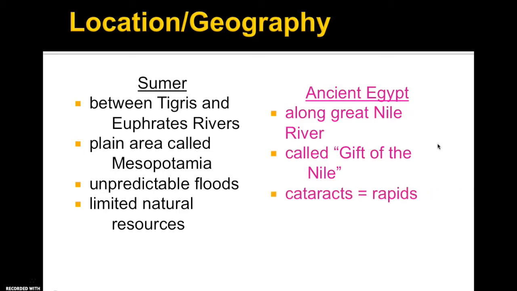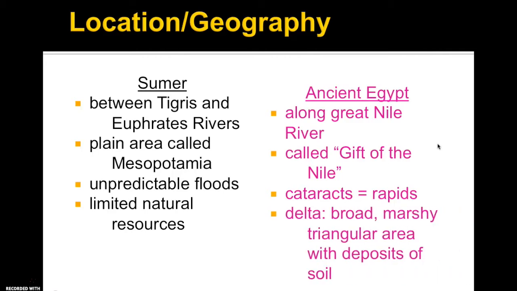You have these things called cataracts, which is what we know as rapids. When you think of the Nile, sometimes you think it's very peaceful, but in some areas it can be quite rough. And like I mentioned before, the delta is the most northern part of the Nile River, and it's a marshy, triangular area that floods every year with deposits of very fertile soil.